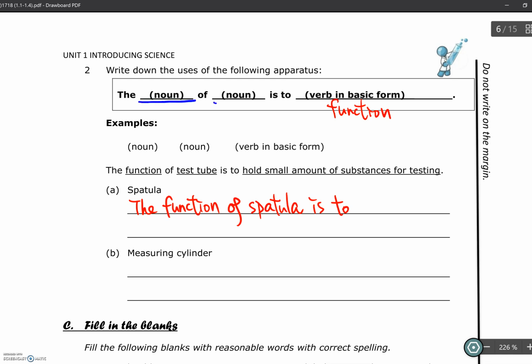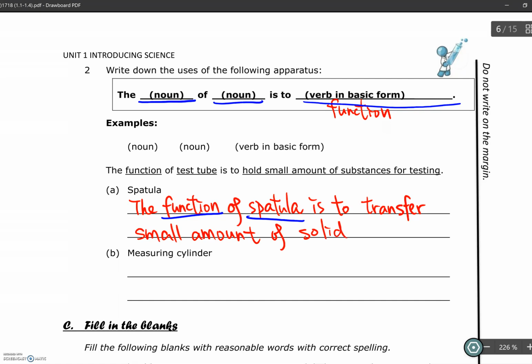This is the first noun, this is the second noun. So finally, what is the function? Is to transfer small amount of solid. Only solid. Spatula can only transfer solid.